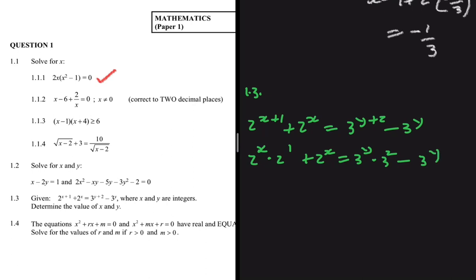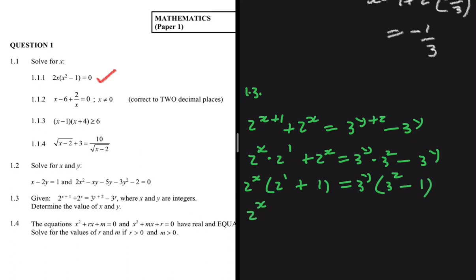On the left hand side, if we take 2 to the power x as a common factor, we're going to get 2 to the power 1 plus 1 being equal to. On the right hand side, we're going to take 3 to the power y as a common factor, and by doing that, we're going to get 3 to the power 2 minus 1.